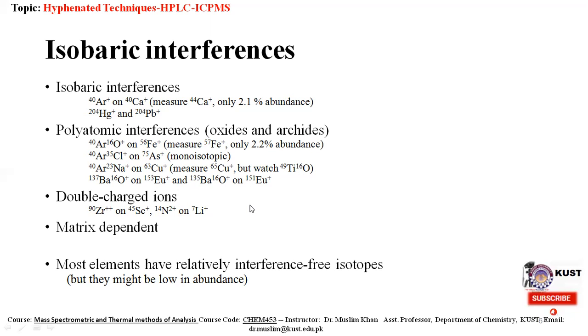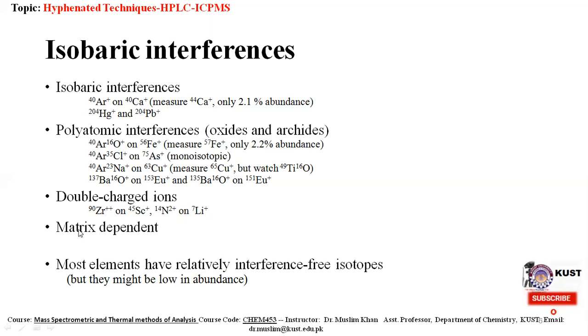Also, some of the time, doubly charged ions, like zirconium 90 plus. Here 90 is doubly charged, so divide by 2, not 1, because it is mass to charge ratio, then it is 45. So scandium is 45. These two interfere with each other. Similarly, nitrogen in the positive form is 14, but doubly positive, 14 divided by 2 is 7, and lithium is 7. These two interfere with each other.